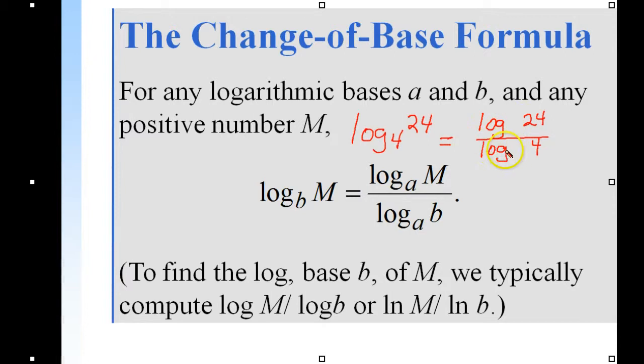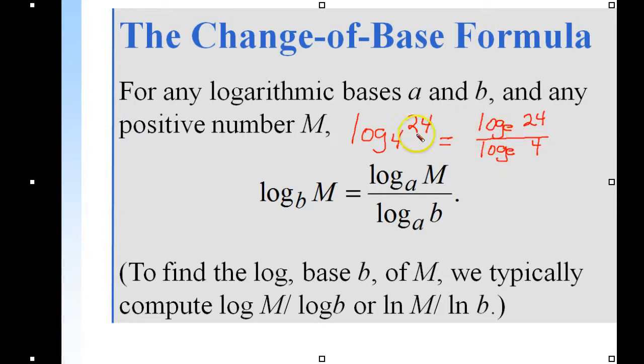Now you could have also, interestingly, used base E here. So you could have gone natural log of this divided by natural log of this, and you get the same answer. I don't want to give you too much information because then it gets confusing.